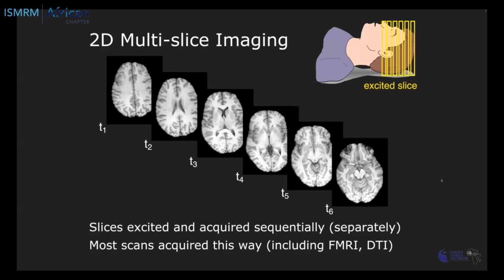In this diagram we've shown axial slices, but obviously the slices can be oriented in any direction. After only a single slice is excited, we do a 2D mapping of the K-space of that slice. There are a lot of scans that are acquired this way, including, again, a lot of functional MRI and diffusion imaging. Structural imaging tends to be 3D more often than not, whereas functional imaging and diffusion imaging tends to be 2D.